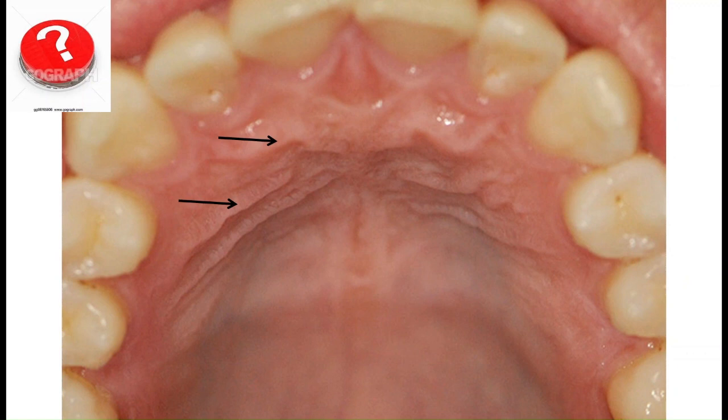Now, this mucous membrane is very adherent to the periosteum of the underlying bone, the periosteum of the palatine processes of the maxilla, and therefore the mucous membrane here is called mucoperiosteum. They are very adherent and very difficult to separate, and there are lymphoid follicles in these corrugations.